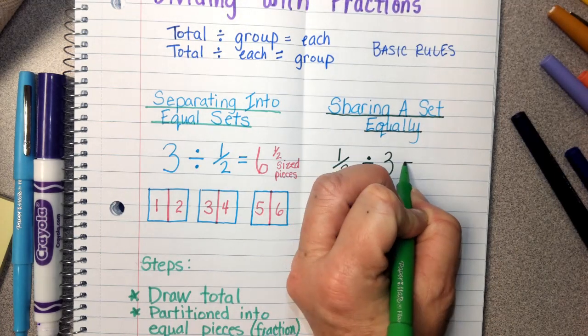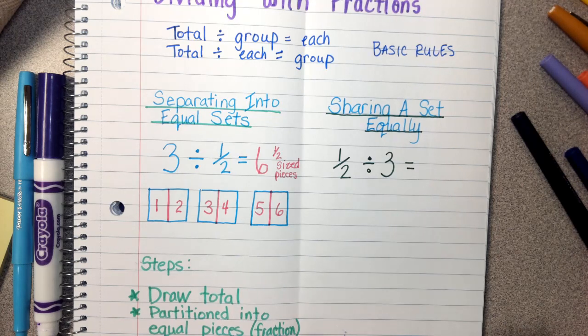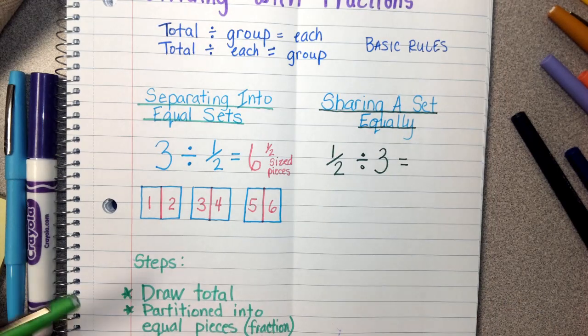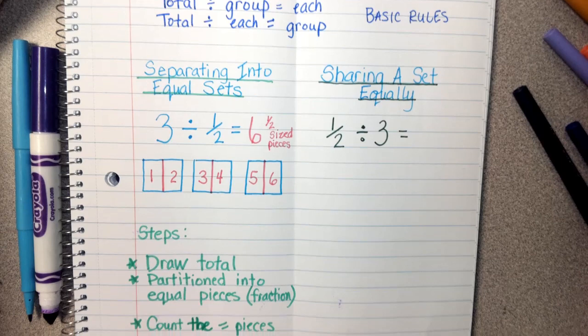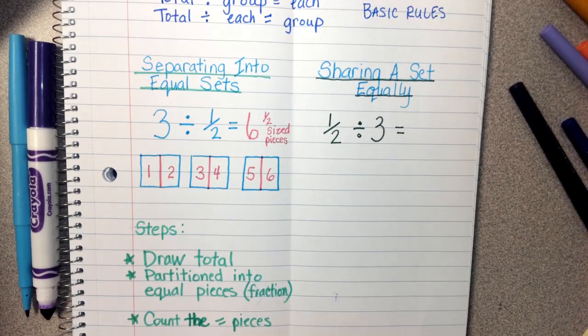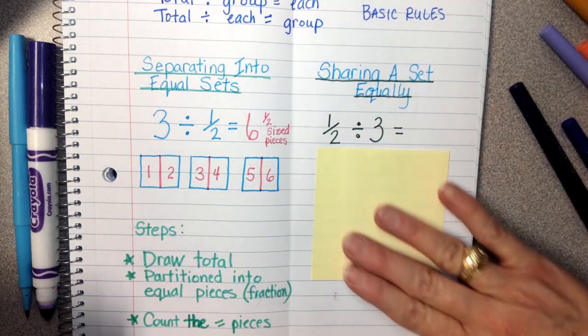And so what I needed to do was find out what is the length of each one of those pieces. So just like before, what did we do? Well, we started with our whole amount. And for the purposes of this video, I thought it would be easy if you just take a sticky and we use that as our whole.